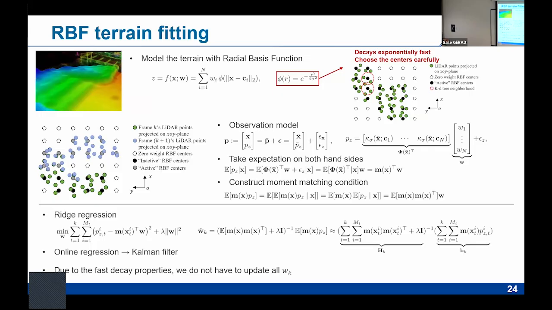And on the other hand, you create the observation model, add some noise to your observation, and then you create this p_z equals this, where this W is something that you want to fit. And then you take expectation on both sides of this, and then conditional expectation, and you construct the moment condition of that one.